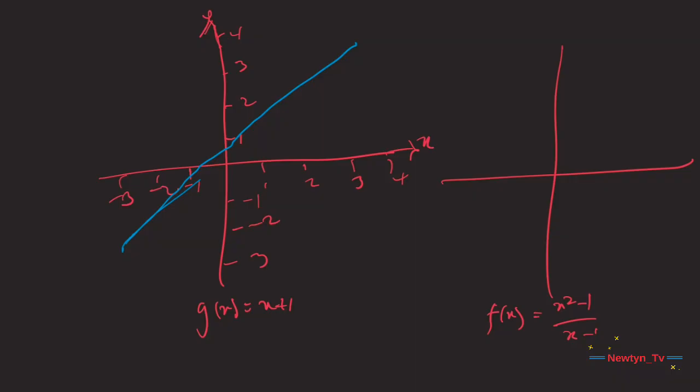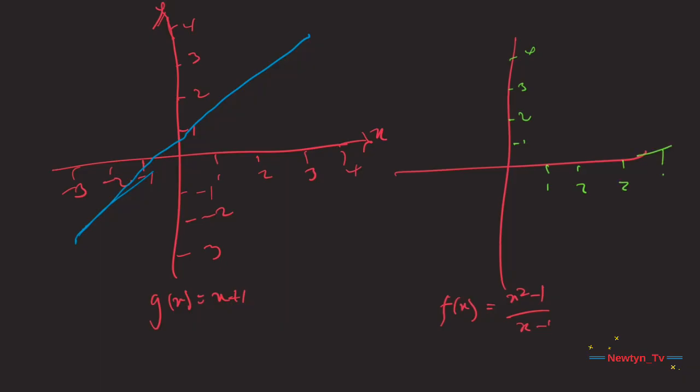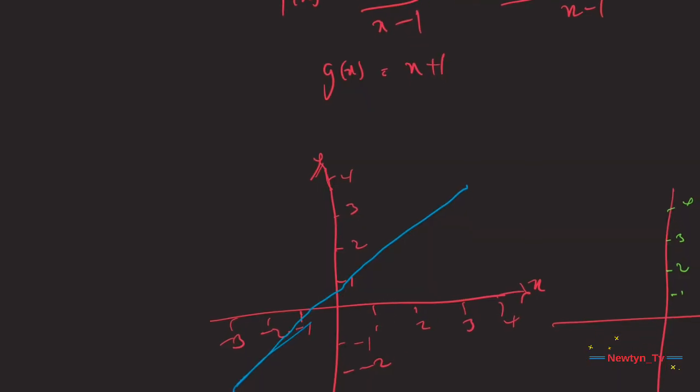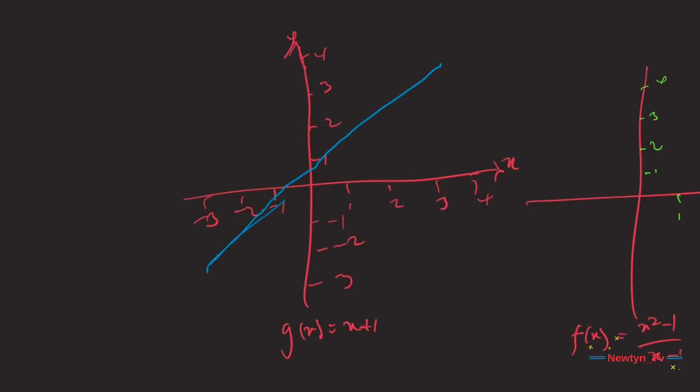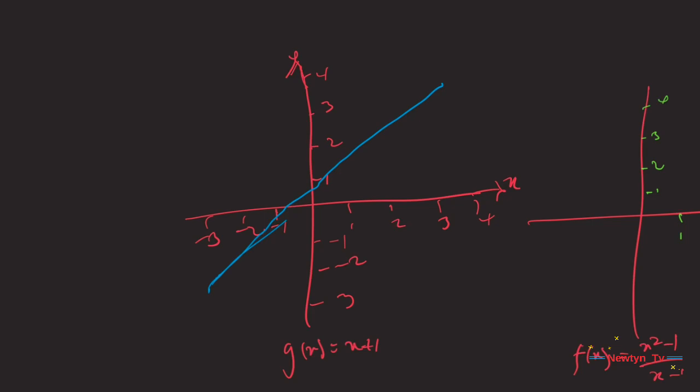Okay, now let's look at this one too. We have 1, 2, 3, 4 on the x axis. Let's look at the graph again. I think my graph got lost.